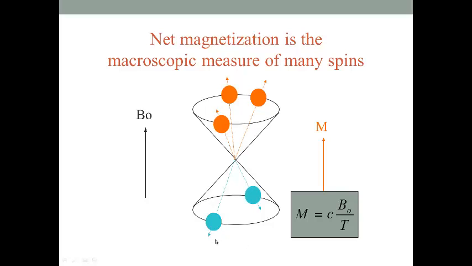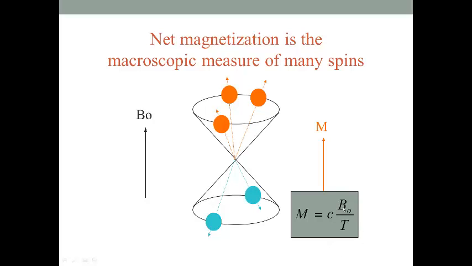The direction means the magnetic field of the proton. But there is a net magnetization, because some go this direction, some go the other direction, but the net magnetization M depends on B0.